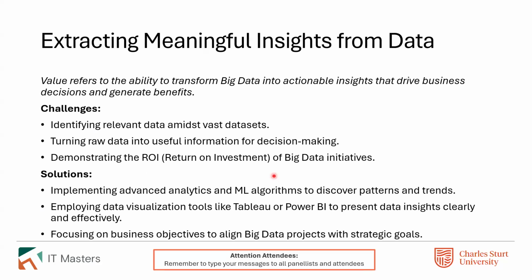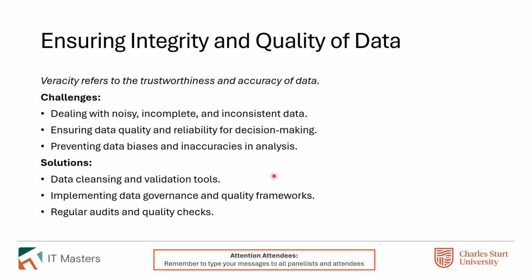So in value, we're trying to take relevant data. Now, when we talked about veracity, we were talking about noisy, incomplete, inconsistent data, quality of data. So when we get to value, we've already gone through this veracity portion. Right? So we've done a bit of data cleansing.